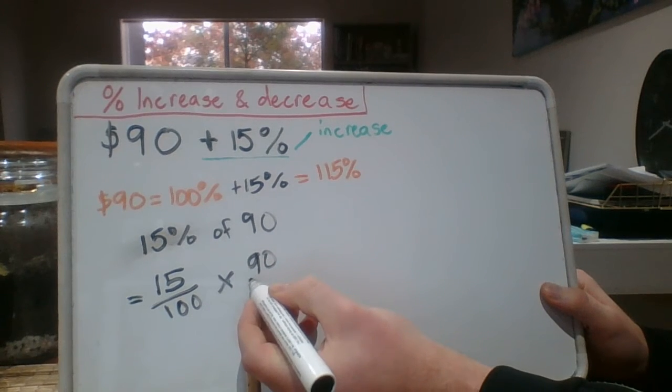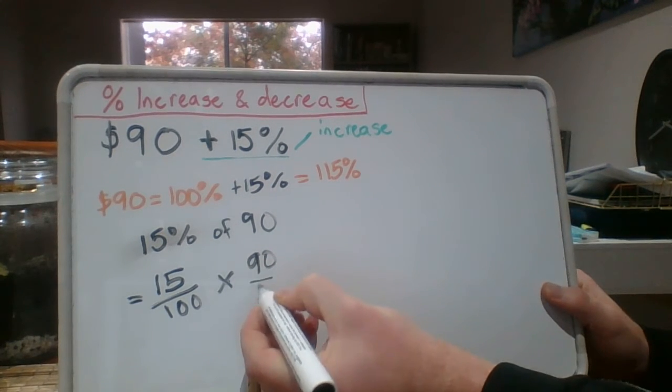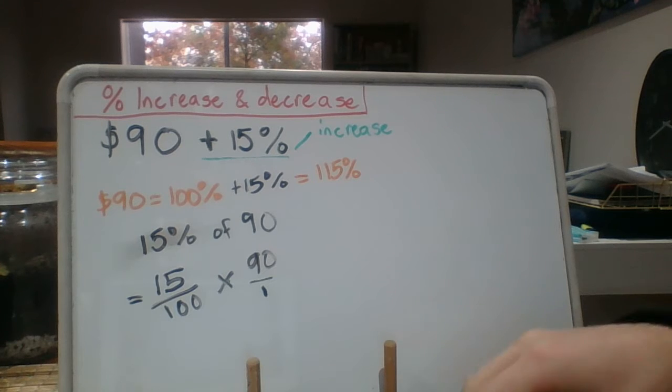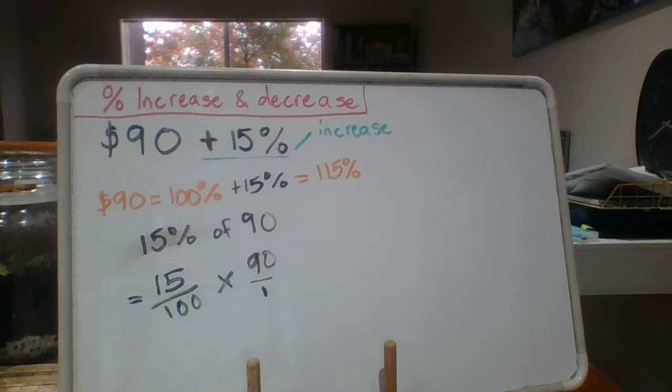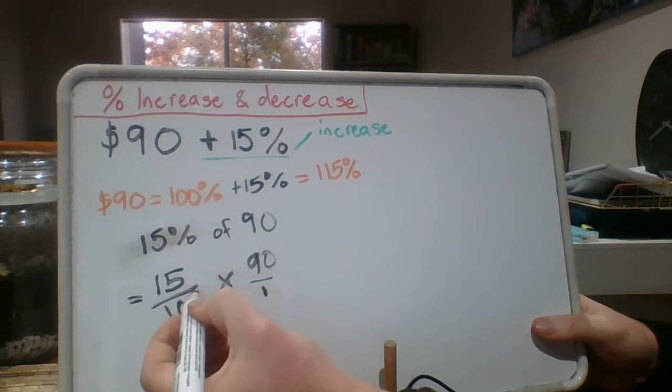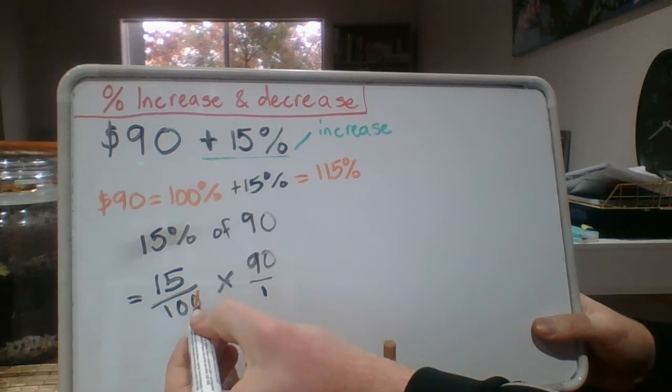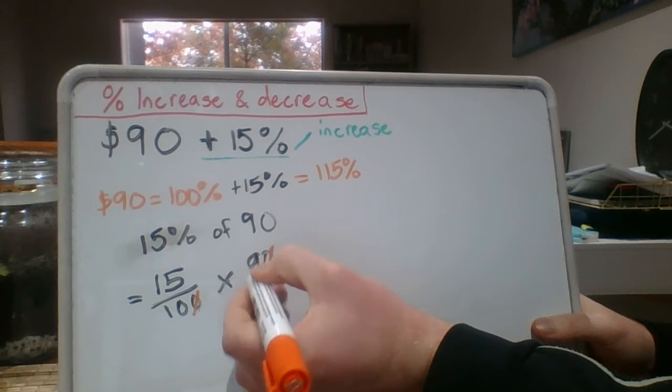If you wanted to show that as a fraction, we could show it like this. What we've got here is 15 divided by 100 times 90 divided by 1. I could cancel that 10 out because that's going to divide by 10. So we can divide a 10 here to make the 90 into 9.